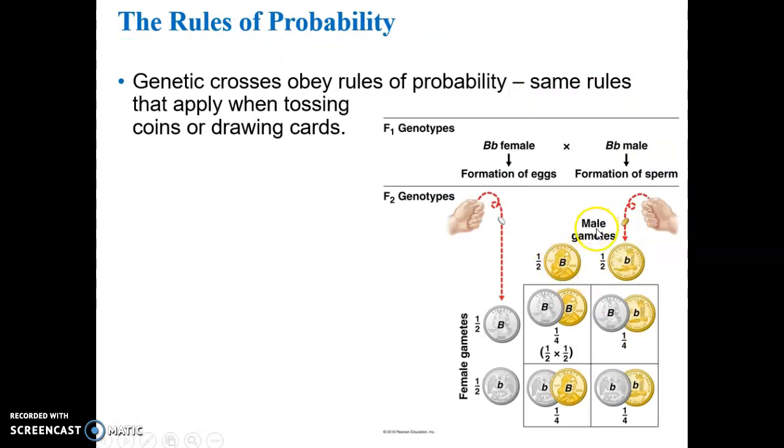So, an individual male. If the male is heterozygote, the male can make sperm. The male is diploid, so it has both copies of the alleles because they're on homologous chromosomes that the male inherited from its mom and dad. When the male produces sperm, you go from diploid to the haploid situation.